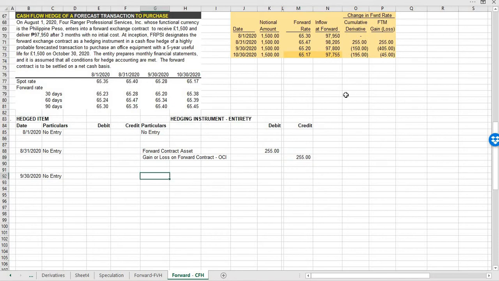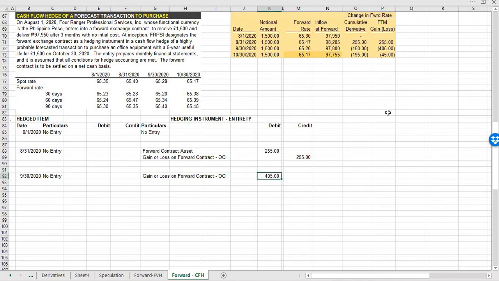So, ngayon, let us proceed to the next date, September 30, 2020. Sabi rito sa last column, meron tayong loss to be recognized na 405. Ibig sabihin, debit tayo ng loss, pero syempre, OCI, kasi mag-a-appear ito sa OCI kasi nga tayo ay cash flow hedge. Magkano? 405 pesos.